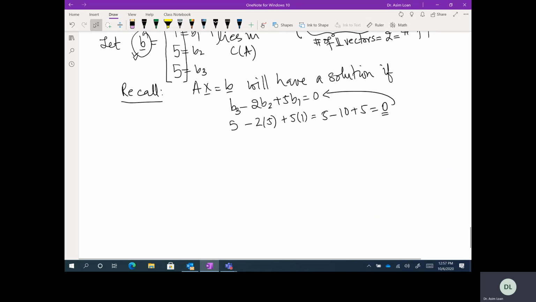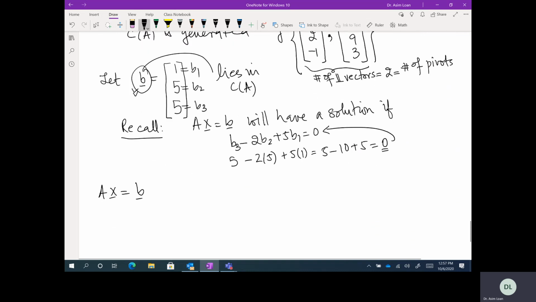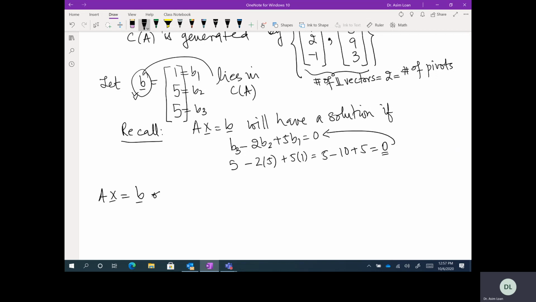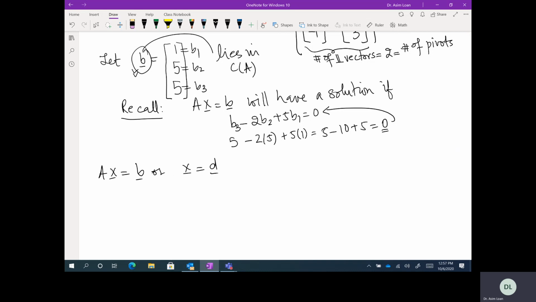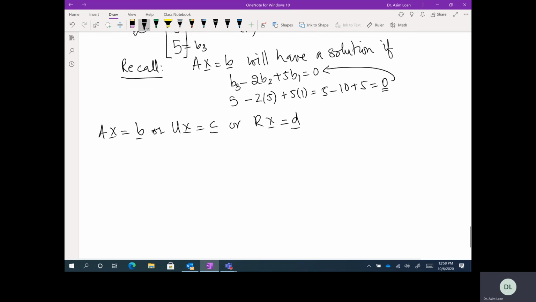So let's find that solution. It is Ax = b, and let me write it directly. We then know Ux = c, or Rx = d. So let me write this.